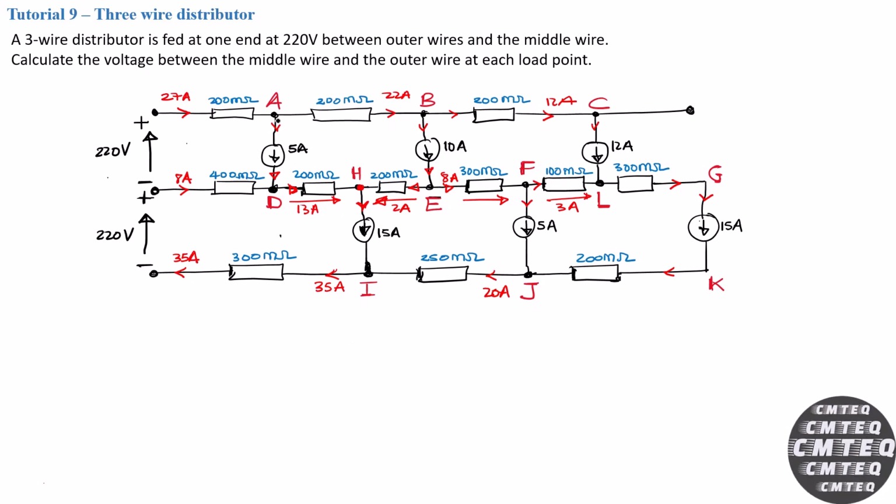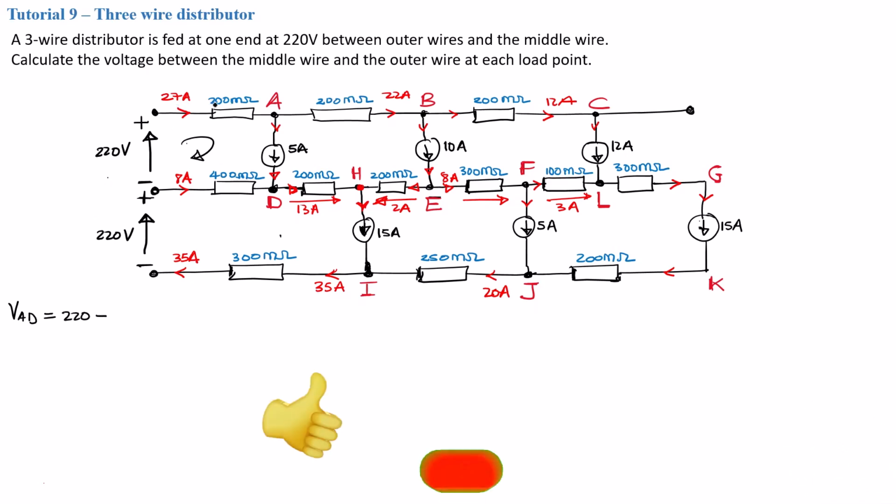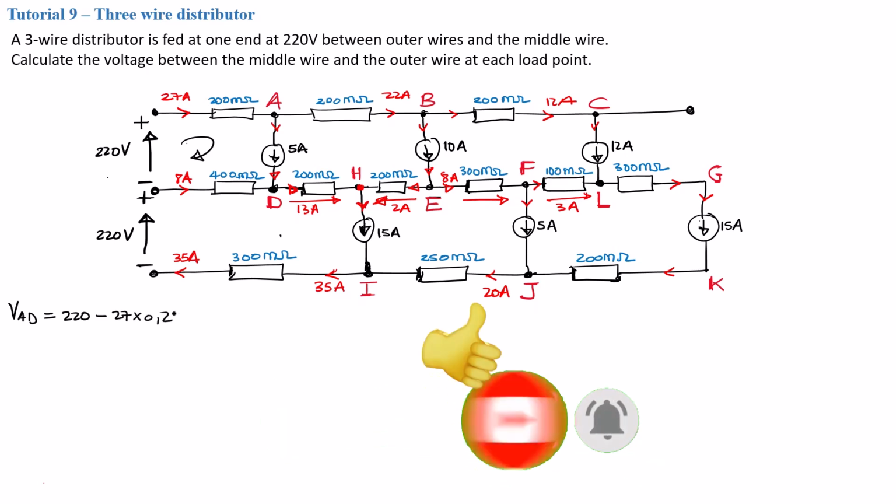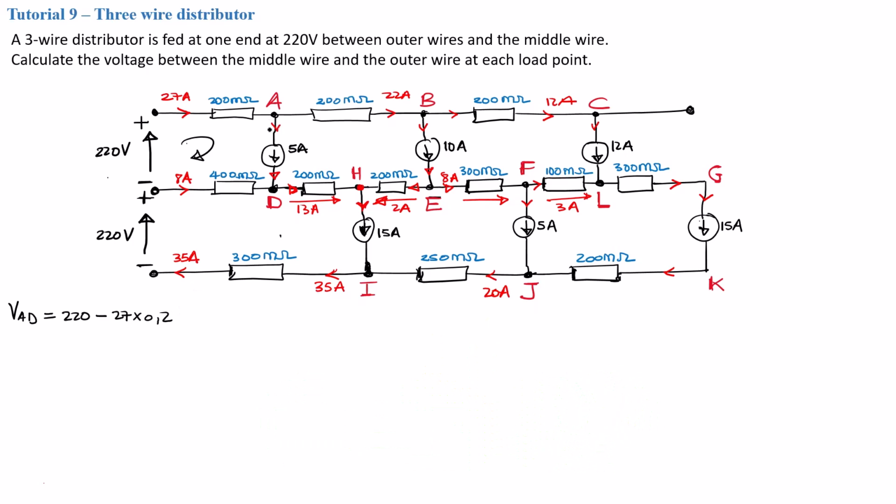So to find the voltage across AD, we do VAD. Basically we need to run this loop here. So that's going to be 220 volt minus 27 times the 200 milliohm resistance, so that's 27 times 0.2. Then there is no voltage there, it's just a current.